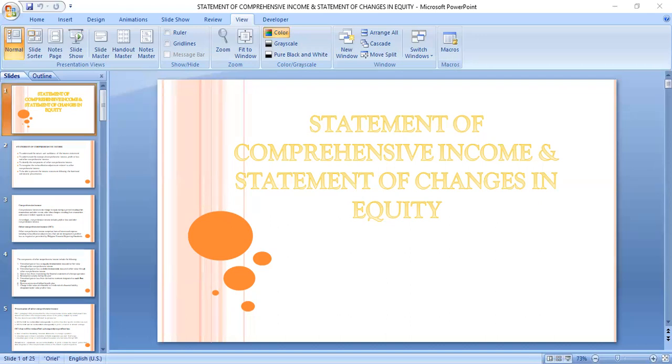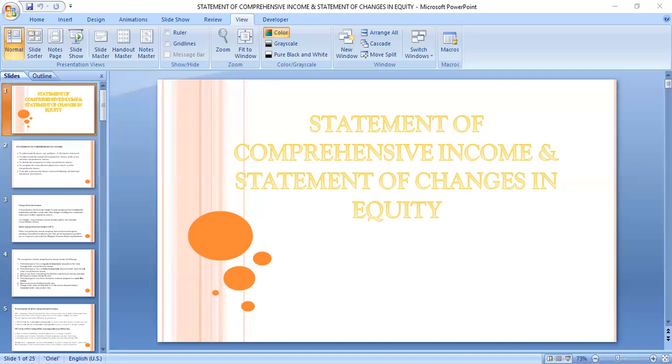Now we have the following provision for paragraph 97, PAS 1, providing that when items of income and expenses are material, their nature and amount shall be disclosed separately.